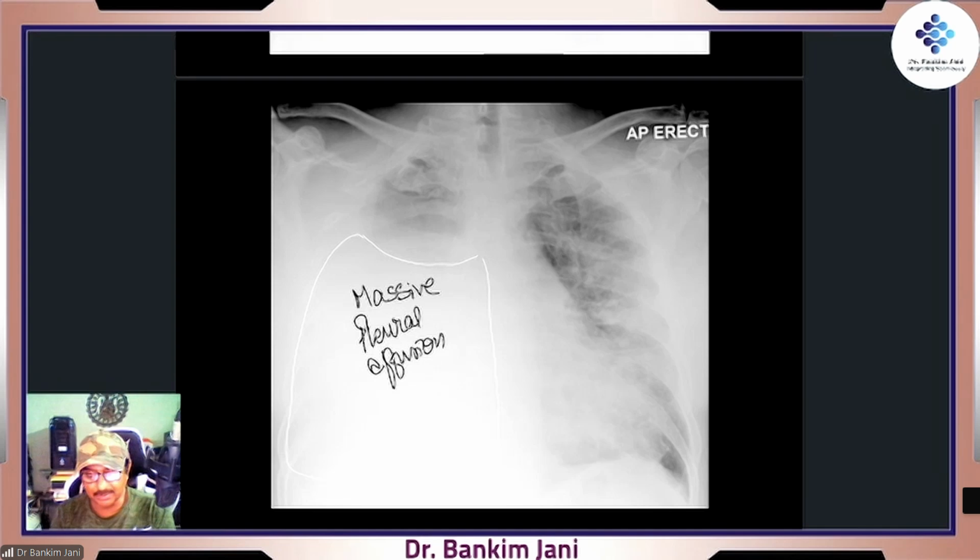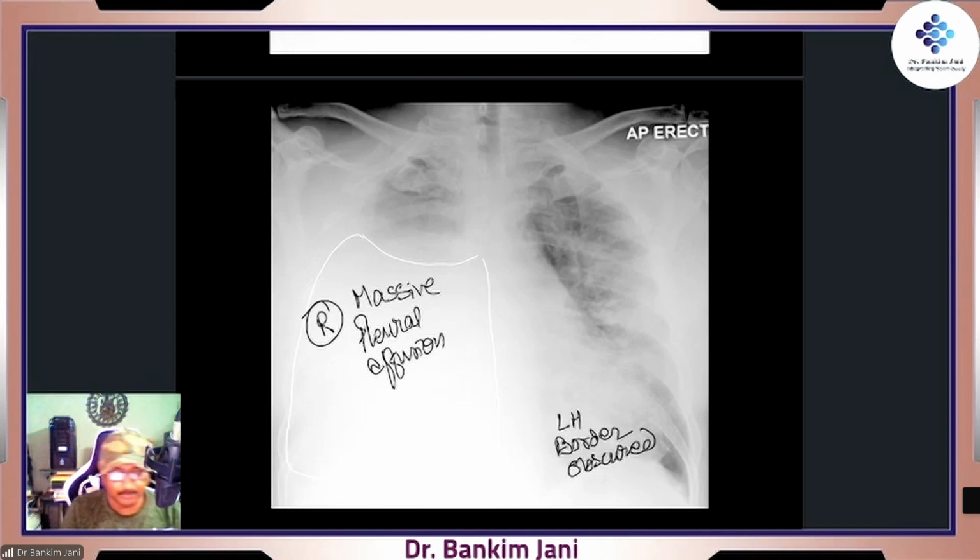And this is because of the lower lobe. So there is consolidation because the left heart border is obscured. And this is the right-sided pleural effusion.